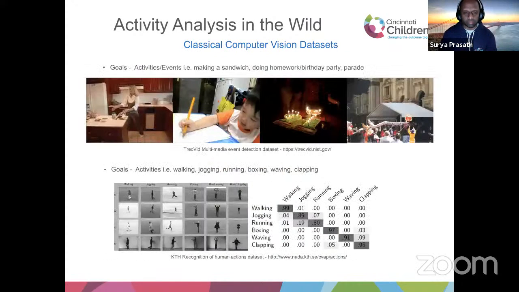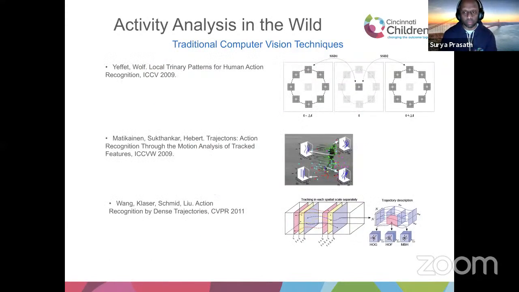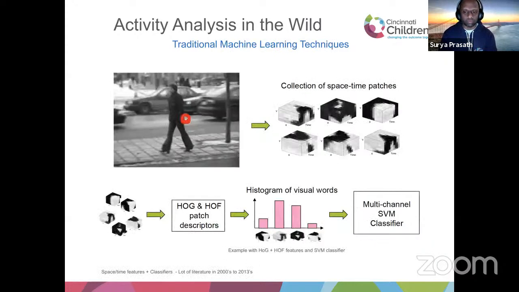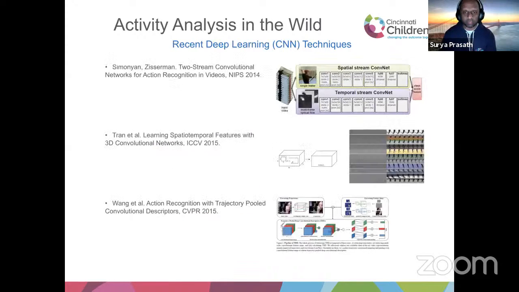These are the data sets available in the computer vision literature. The traditional computer vision models look at spatiotemporal feature detectors and have classifiers to say you are jogging, running, or boxing. A typical analysis pipeline would involve extracting these features and applying some classifier to predict.